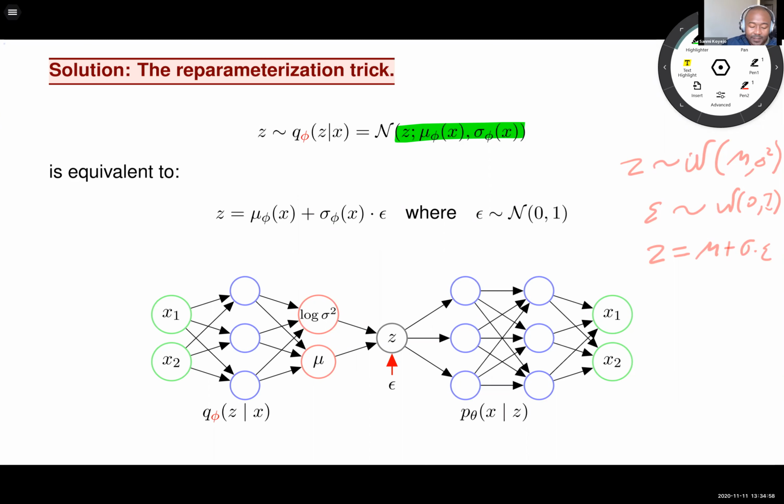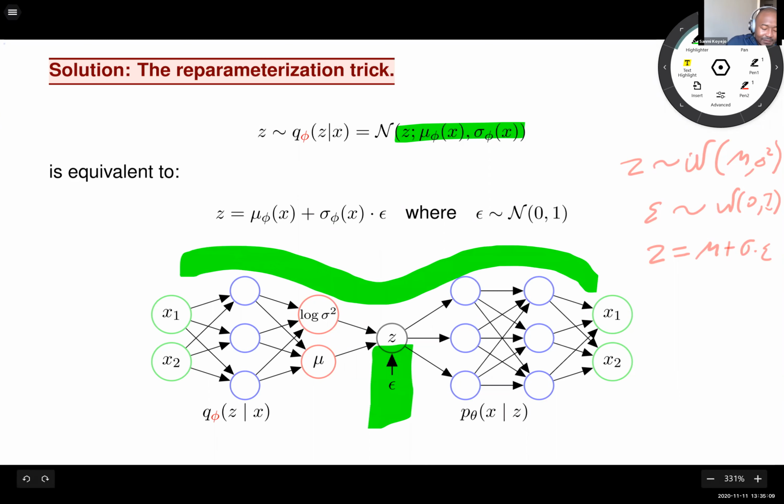The sampling part of Z is fully described by this additional noise epsilon. So there is a path all the way from X back through the computation graph without having to hit sampling along the way. This avoids the issue of backpropagating through sampling.